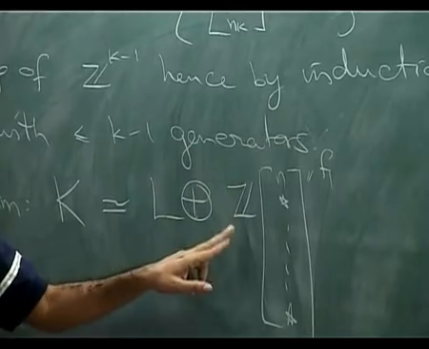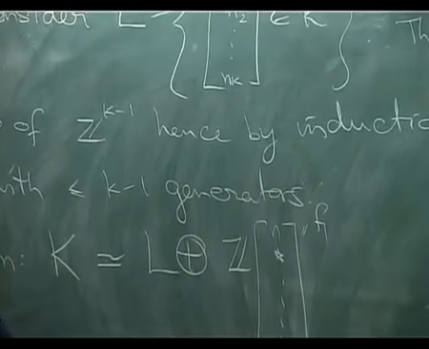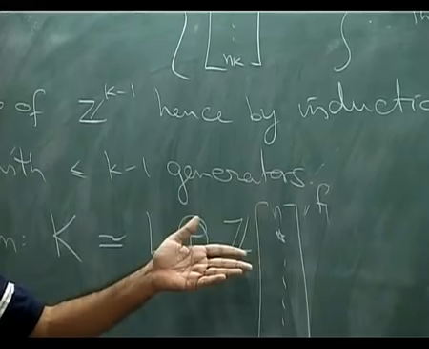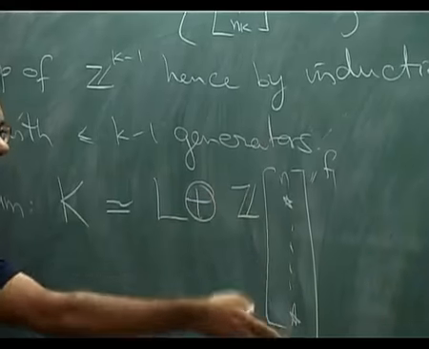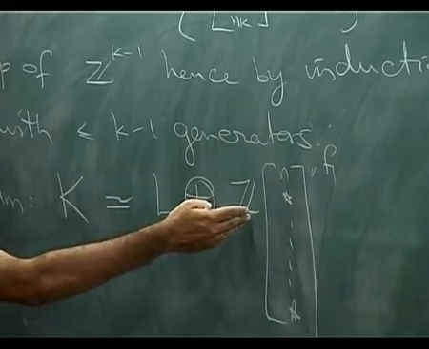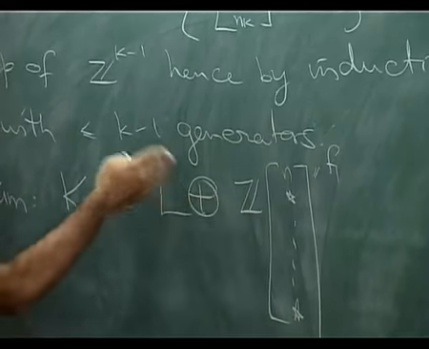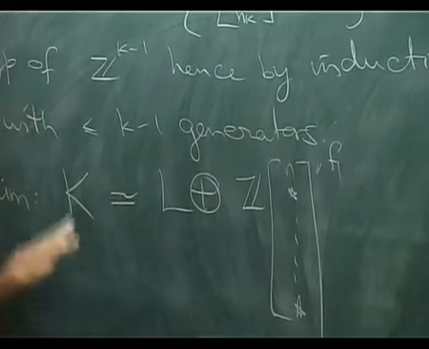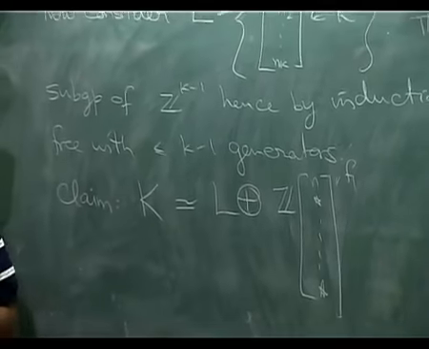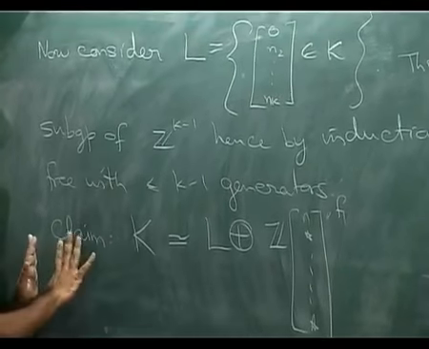Together I add one more Z; the group generated by F1 is a cyclic group and no multiple of this thing is ever going to become 0, so it is isomorphic to Z. So together I will have Z to the power something less than or equal to K. That is what I want to prove, provided I prove this claim.